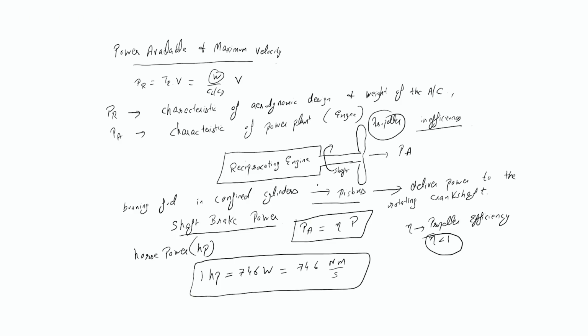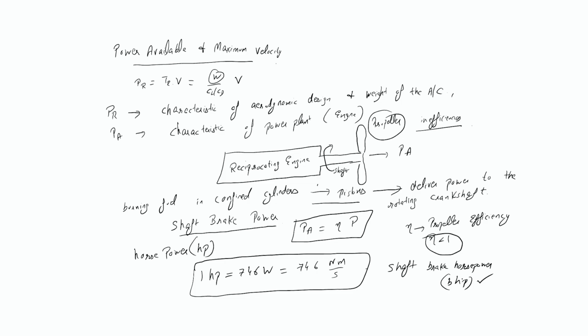Please do not forget these units, because most of the time students make mistakes here while converting from horsepower to watts or to Newton meters per second. Hence it is common to use shaft brake horsepower. So you will see power rated in terms of bhp. Please do not get confused with this term bhp.